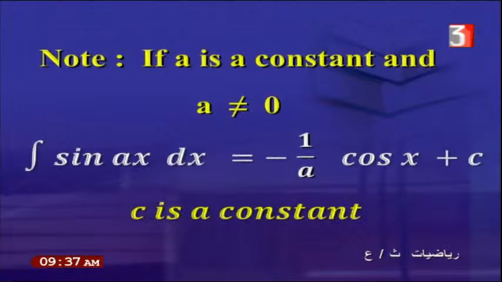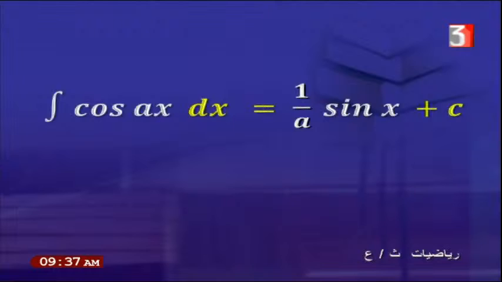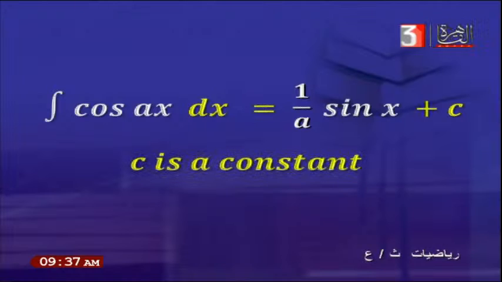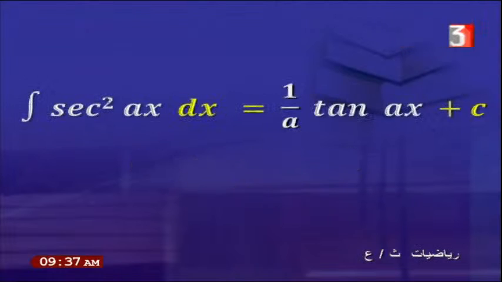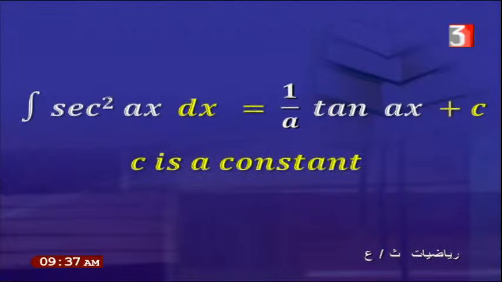Then integration of sine ax equals negative cosine ax, but we divide by 1 over the coefficient of x, or the derivative of the angle ax. Second, integration of cosine ax dx equals 1 over a sine ax plus c, where c is a constant, and the integration of sec^2 ax dx equals 1 over a tan ax plus c, where c is a constant.